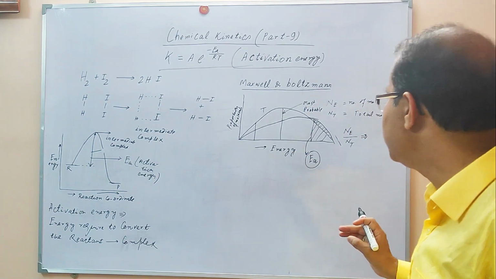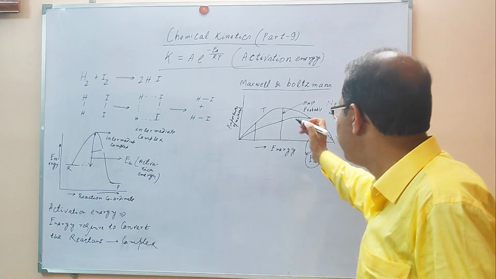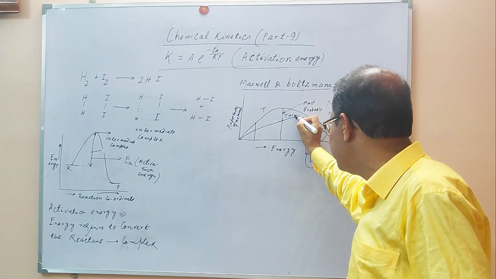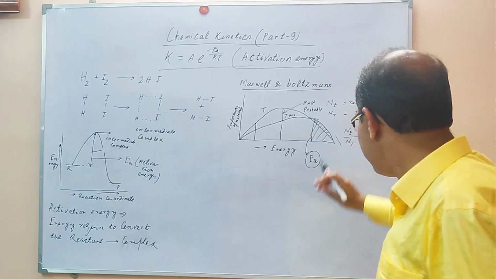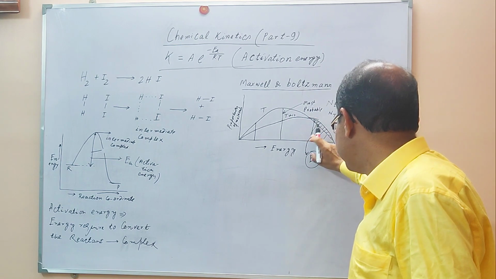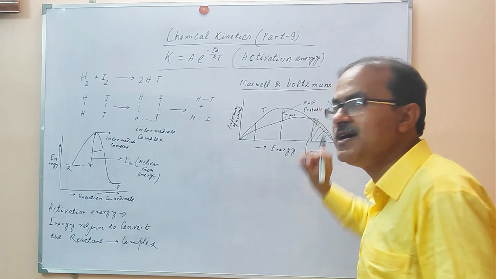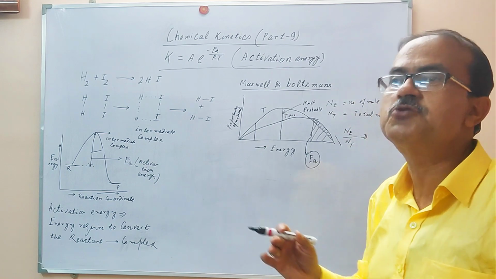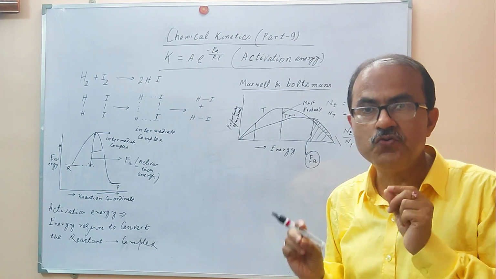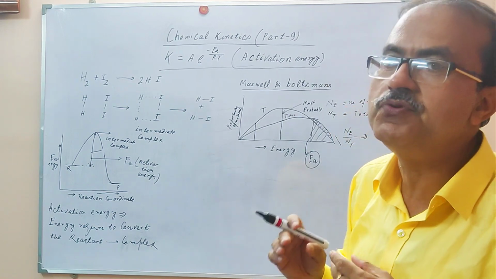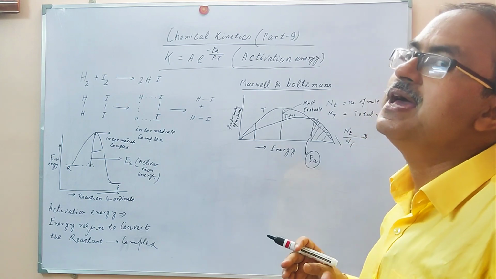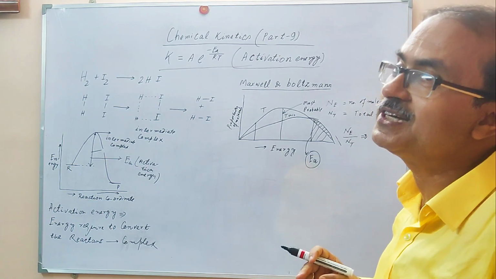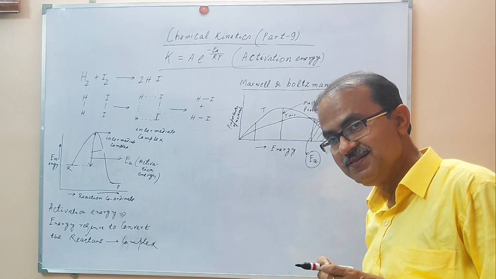Suppose this is T plus 10, the proportion is increased. You can see this proportion has increased here, and the increased proportion of molecules will react and give a lot of products, meaning the speed of the reaction will increase.